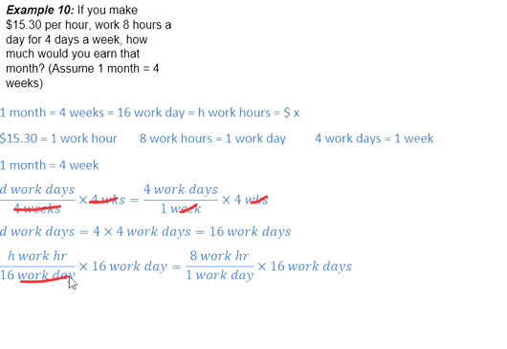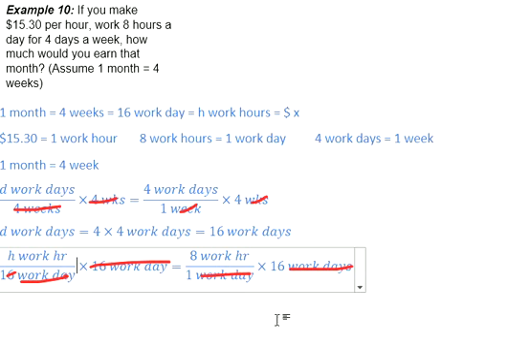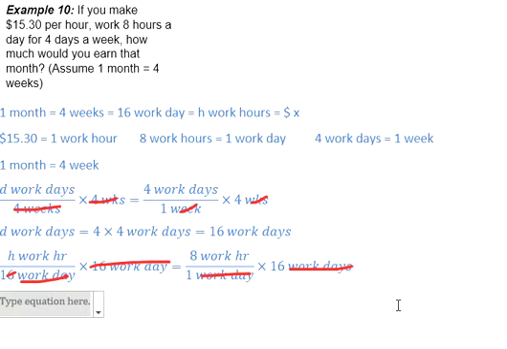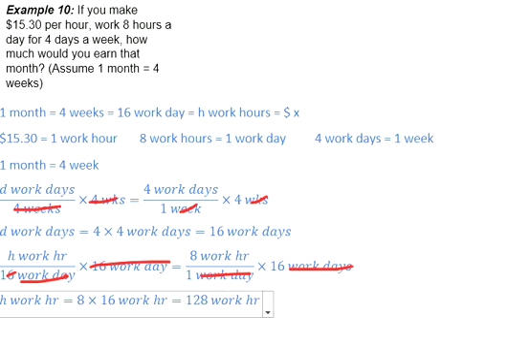So as before, my 16 work days are going to cancel out, and then just my work day is going to cancel out here. I'm left with H work hours is going to equal 8 times 16 work hours. So 8 times 16 is going to be 128, sorry. 128 work hours. So I can change my 8 here to a 128.